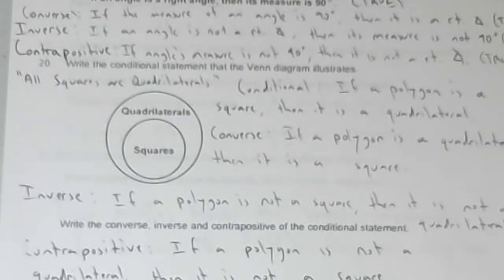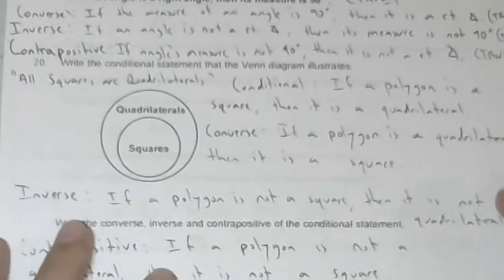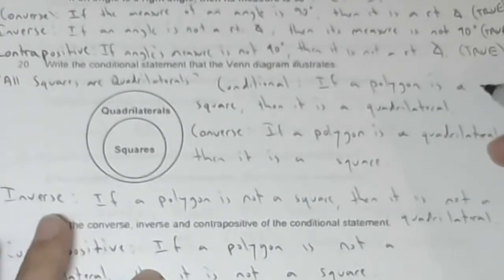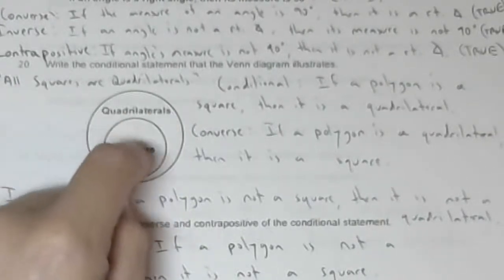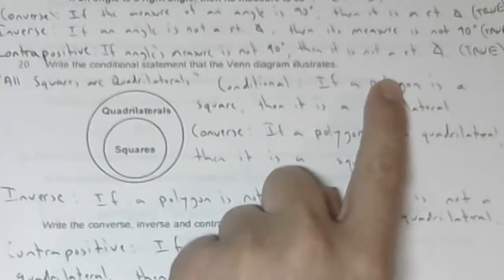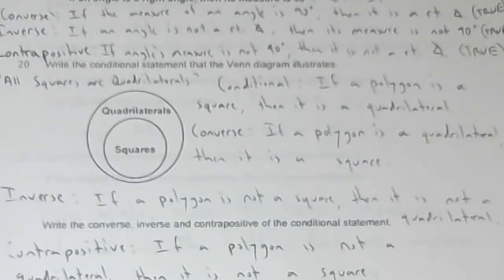But to write it as a conditional, we say, if a polygon is a square, then it is a quadrilateral. If I'm in this smaller circle, then necessarily I'm in the larger circle. Now you could use shape or figure or whatever, but I just use the general term polygon.